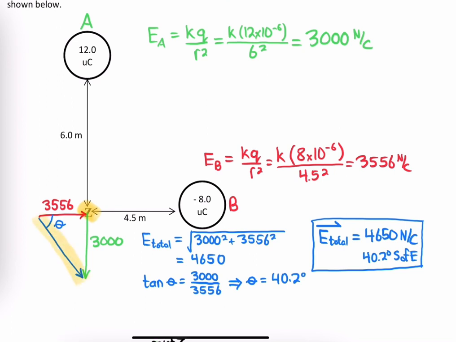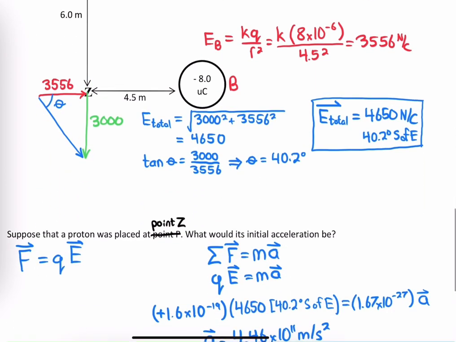If I then take a charge and I place it at that location, I have a charge in an already existing electric field. It will feel a force. And because positive charges feel forces in the same direction as the electric field, a proton placed here will feel a force in that same direction, sort of down and to the right.